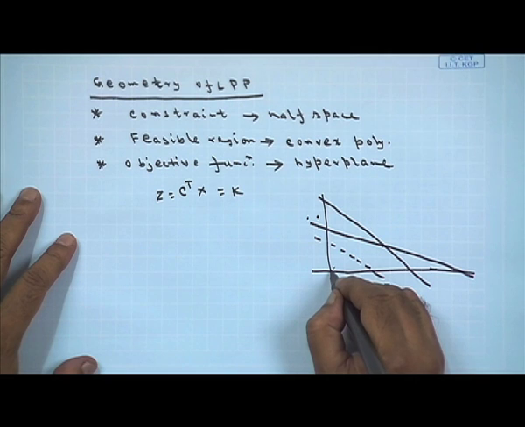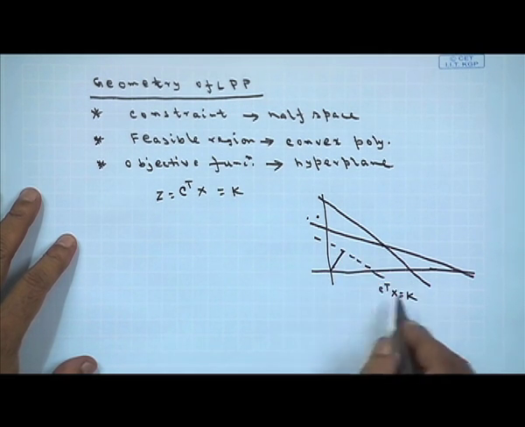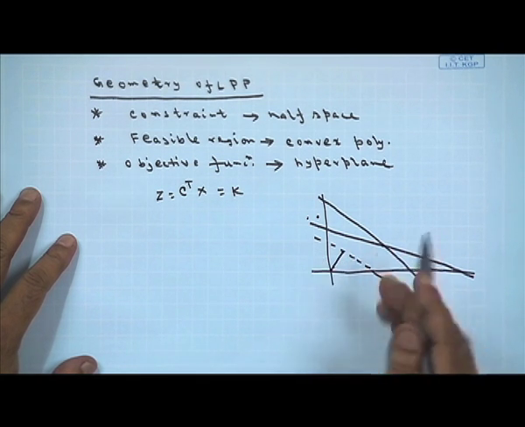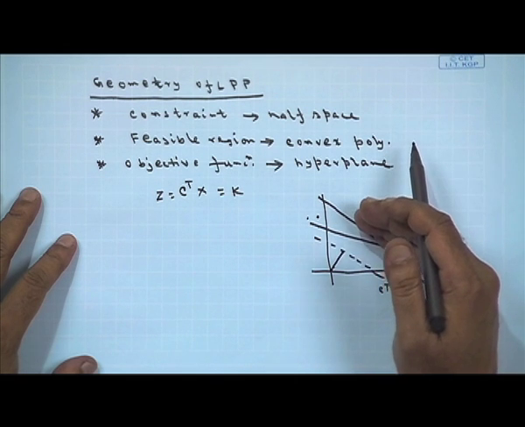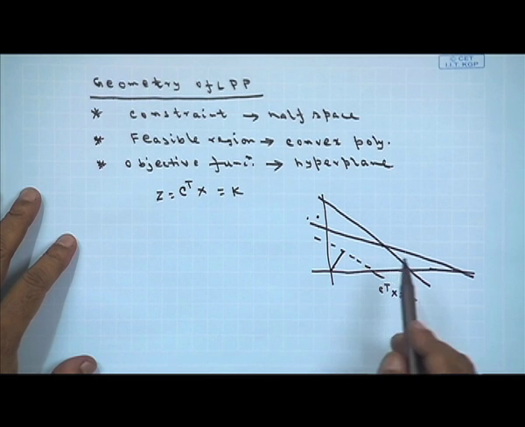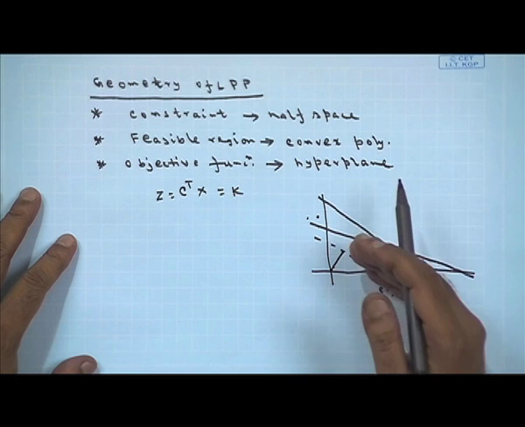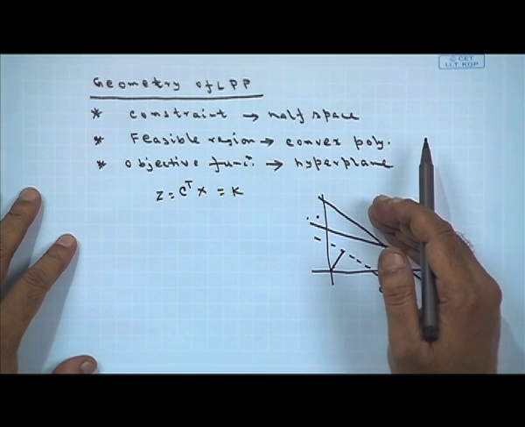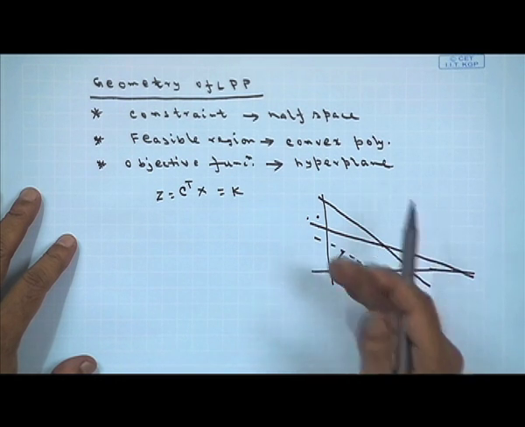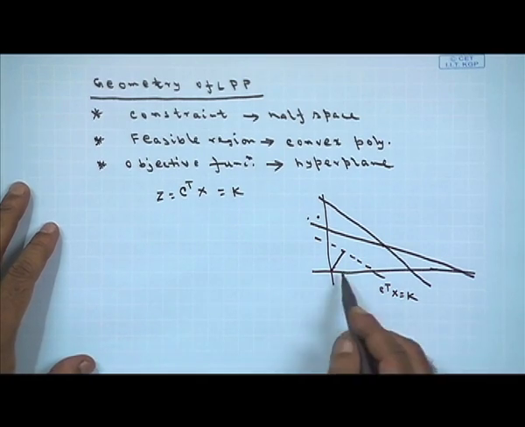K is basically the distance of the origin to this line. If I move this line away from the origin, I will go towards this side. So, for maximization problems, I can move this hyperplane for the objective function away from the origin, and if I have to find the minimization of a problem, this line will come closer to our origin.